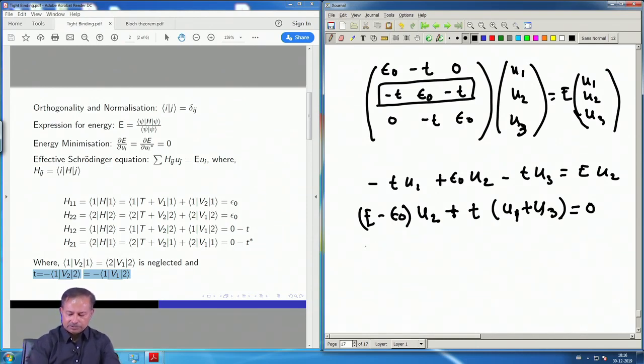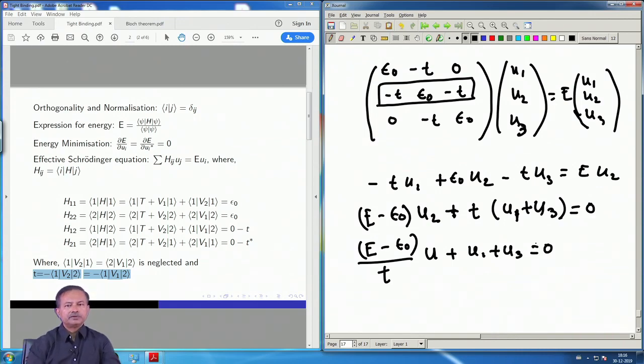Now, I divide both sides throughout by t, then this is the equation I get. Remember, t is positive, so the sign of t has already been accounted for as before. Plus u1 plus u3 equal to 0. Now, let me define a quantity x equal to (E minus epsilon naught) by t.